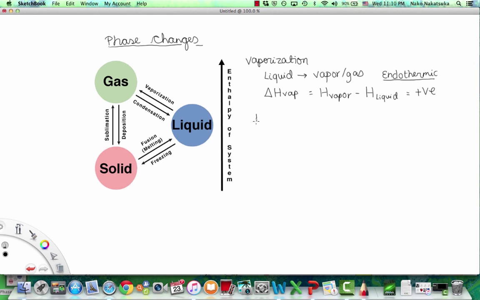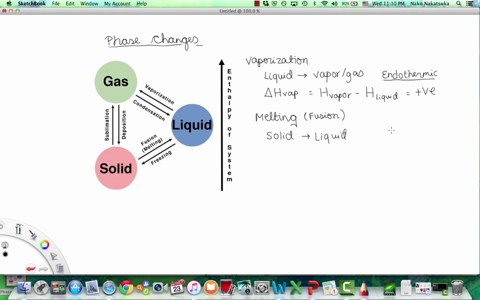Let's do another example, melting. When you're melting something, this is also called fusion, just another term to remember. This is when you go from a solid to a liquid. So when you have something that's a solid and you want to make it a liquid, what do you have to do?